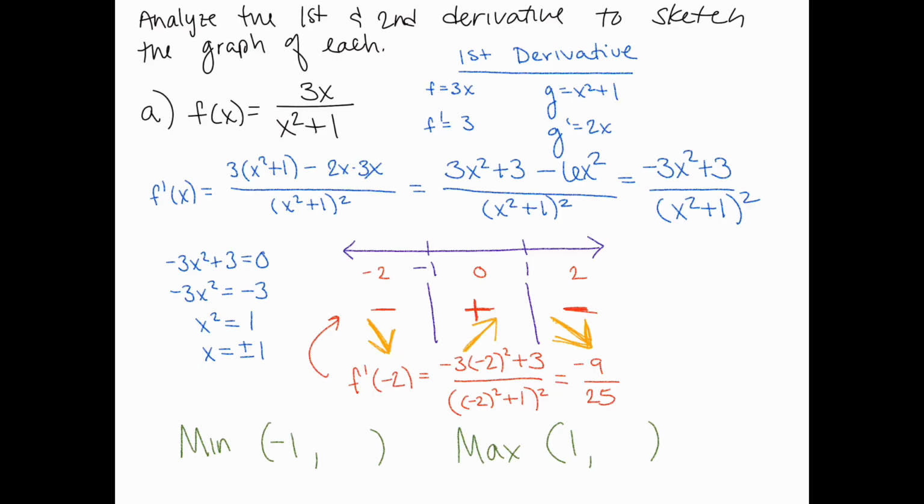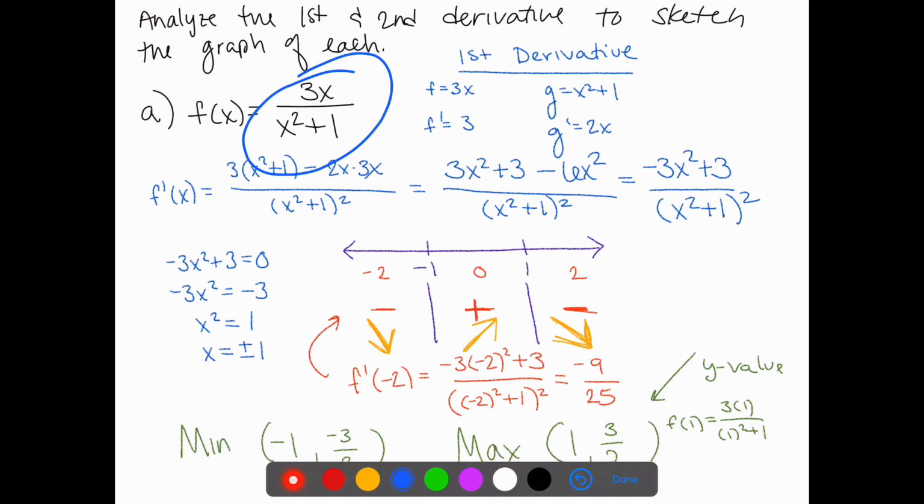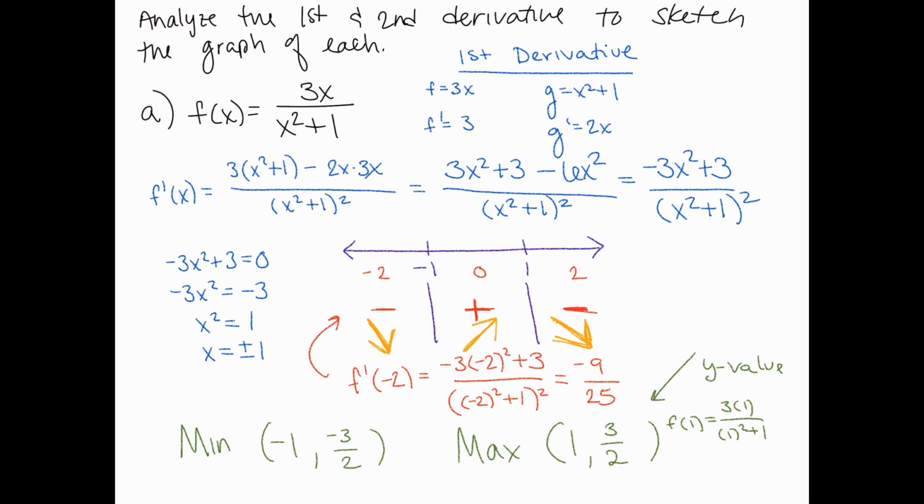I can get the y coordinates of my min and max by taking both 1 and negative 1 and plugging them into the original function. So I took 1 and plugged that into 3x over x squared plus 1. That gave me 3 halves, and when I plugged negative 1 in, I got negative 3 halves.